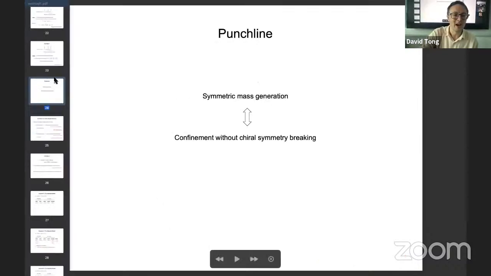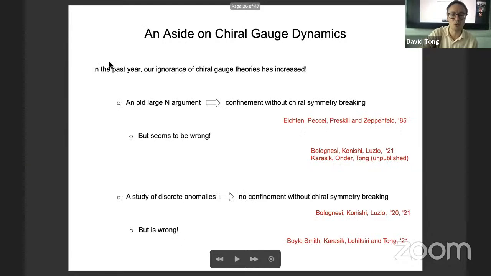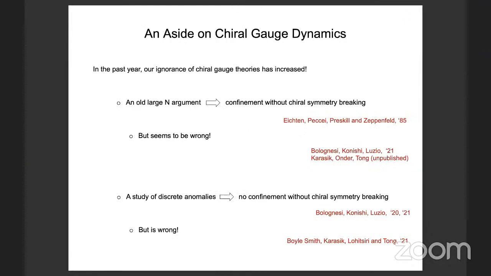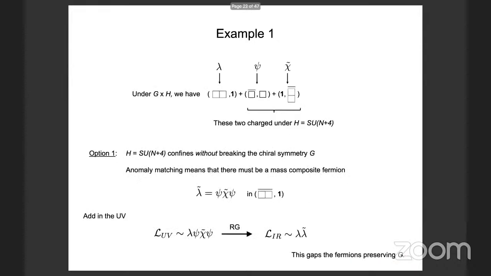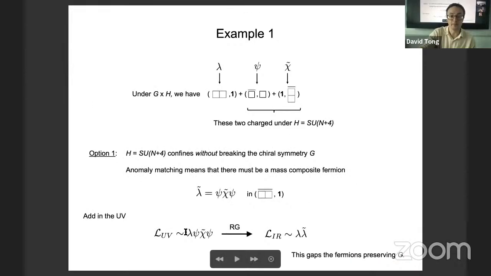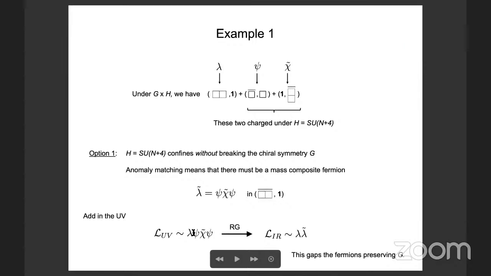All right. Let me just make a small aside. Yeah, sorry. Can I ask another thing? Wasn't this expected in the sense that if you had written it without chiral symmetry breaking on the other side, you would have had mass related to confinement? That's here, in the last slide.